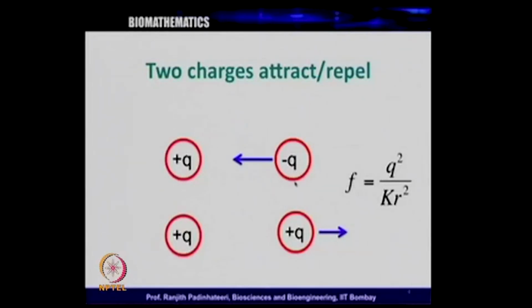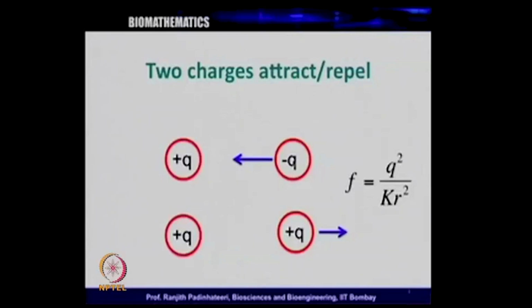We also know that this is the magnitude of the force, and the force on this negative charge is such that they are attracting. That means the negative charge will be pulled towards the plus charge. The force on this charge due to this charge will be such that this charge will be repelled away, in the direction of this arrow.